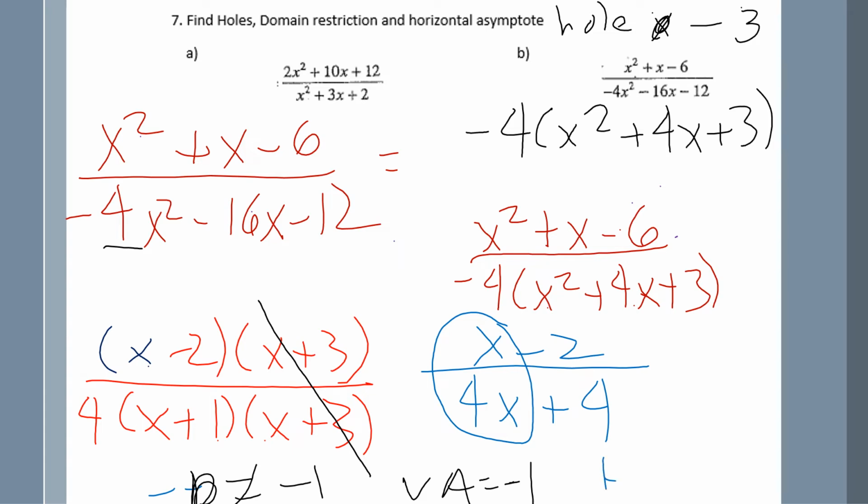So my horizontal asymptote is going to be 1 over 4. That is how you solve this problem. And yes, I am going to put something like that on your test, so be prepared to put in some work.